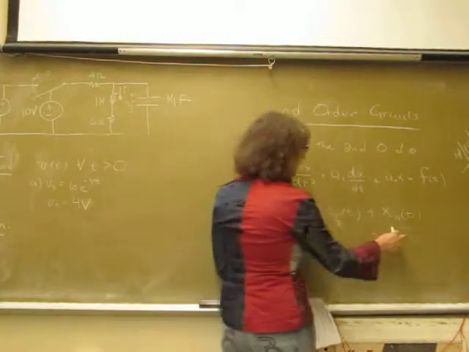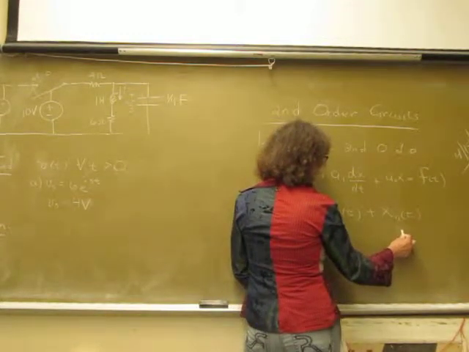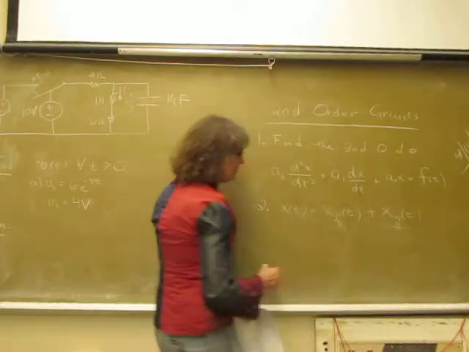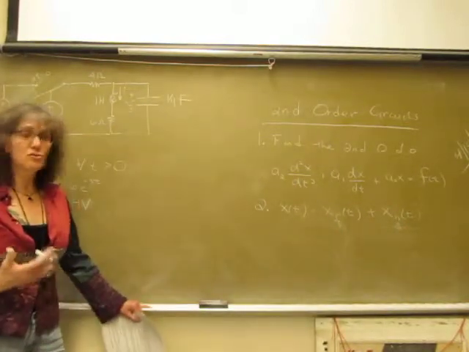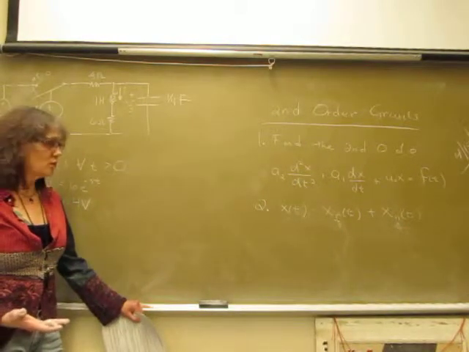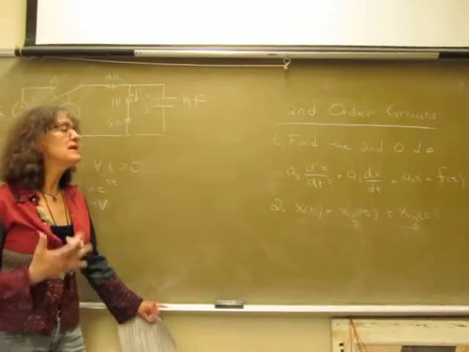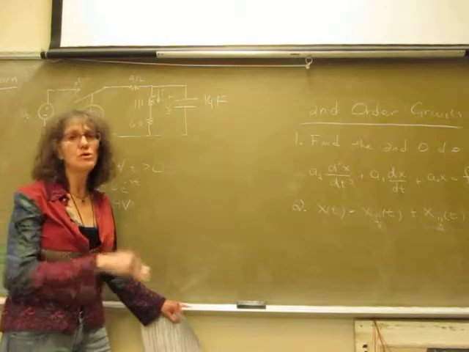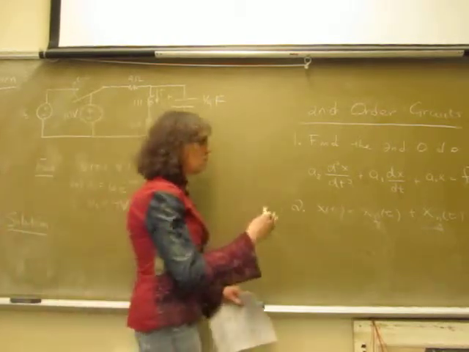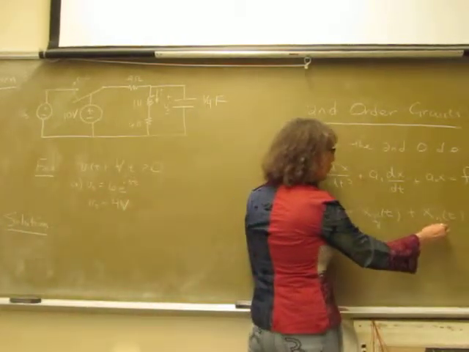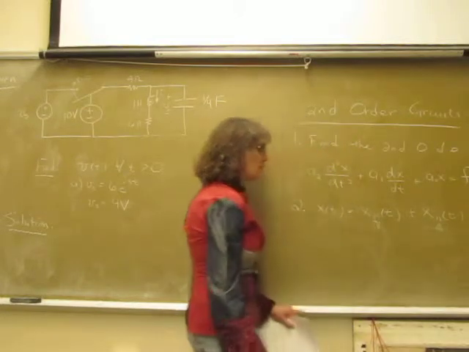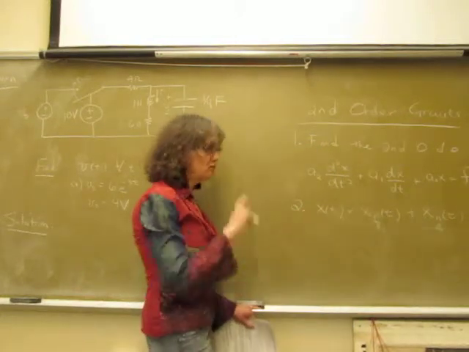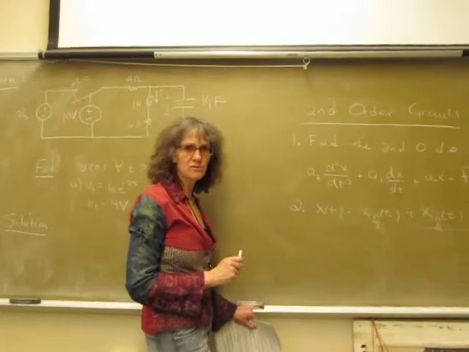But here, in this chapter, I want you to be able to get both parts, the natural and the forced part. And then I also want to remind you that I told you earlier that in the natural part of the solution to the differential equation, you're going to have the same number of arbitrary constants as the order of the differential equation. So we expect that part of the solution to have two arbitrary constants.